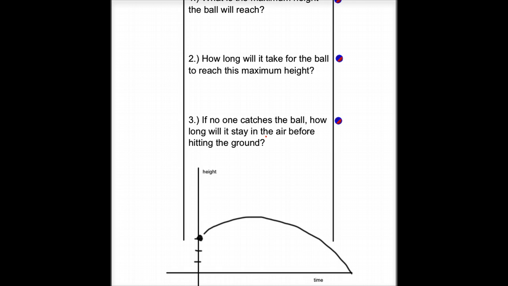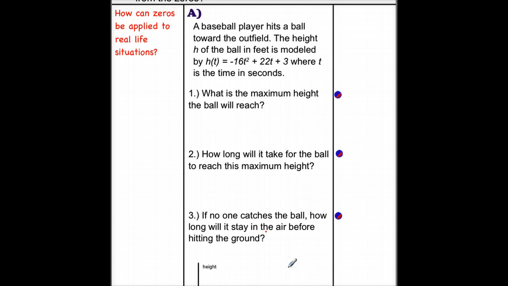The maximum height the ball reaches, which is right here, is marked by our vertex, remembering that this is our y-coordinate. So if we look back up at the problem, the maximum height the ball will reach is going to be your y value. The first thing we have to do is find our axis of symmetry, the opposite of b over 2a.